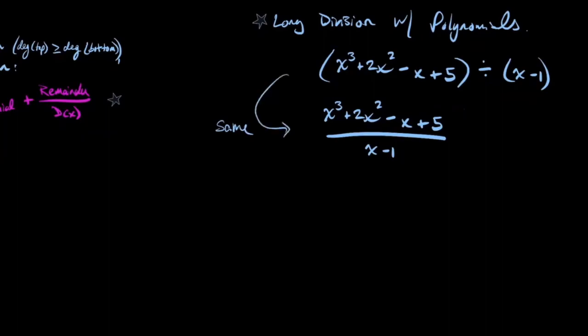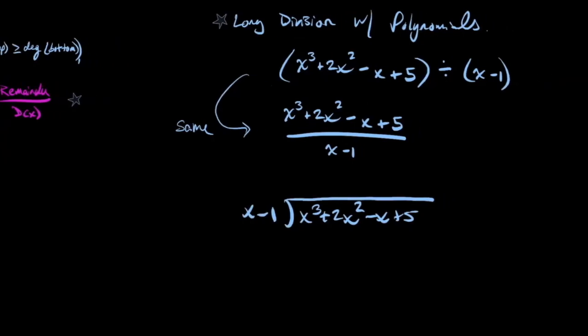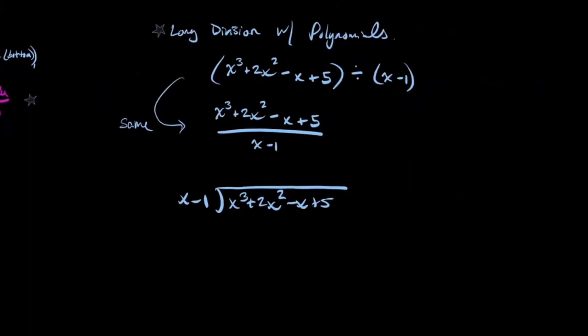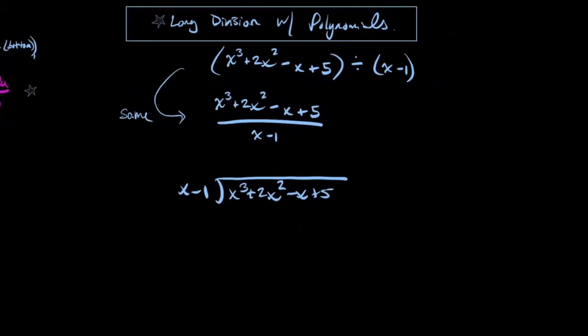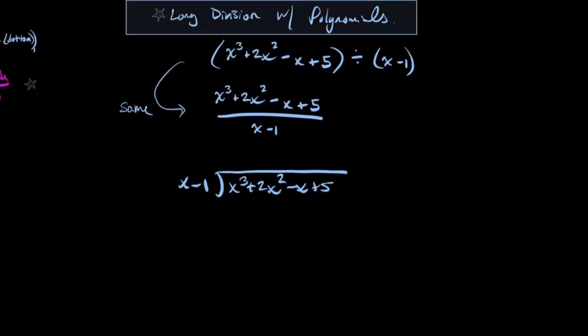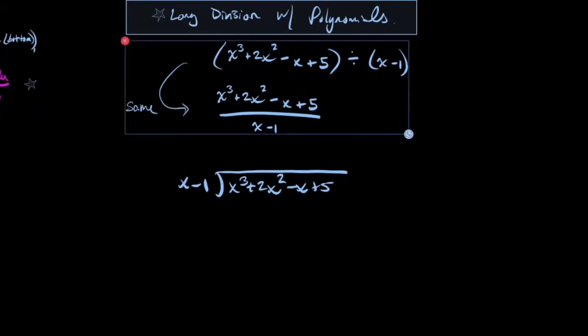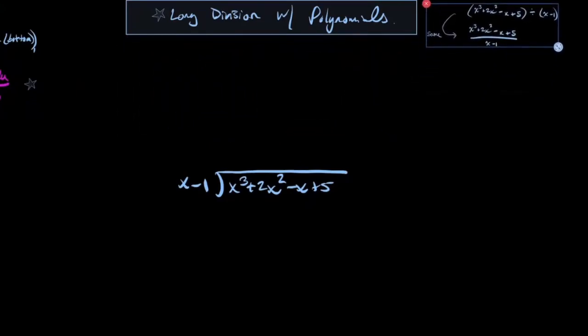Or we could write it in terms of that division bar, x cubed plus 2x squared minus x plus 5, and then put that x minus 1 on the outside, because that's actually what we're going to use. So to do that, put these off to the side, and we're going to go ahead and actually do the division.